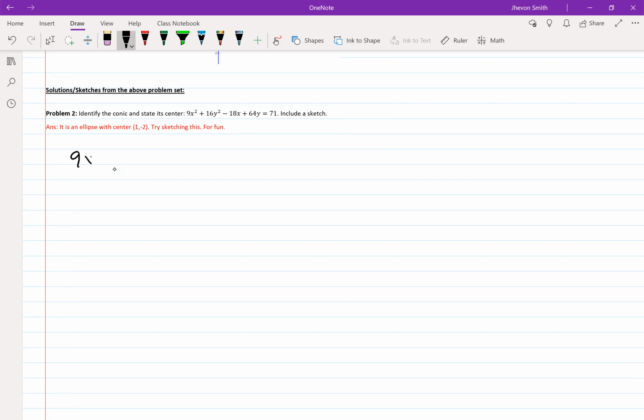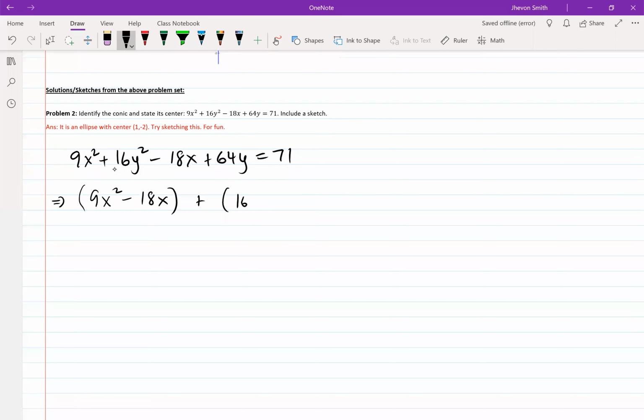So we are given that 9x squared plus 16y squared minus 18x plus 64y equals 71. Now, of course, when you want to complete the square, the first thing is to group like terms. So I'm going to group all the x's, group all the y's.